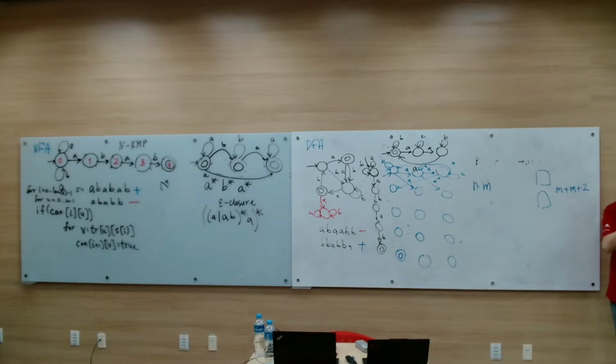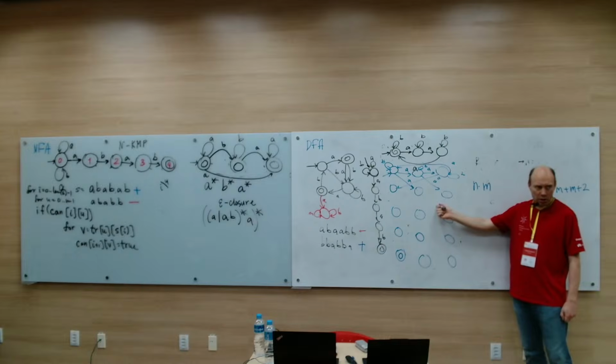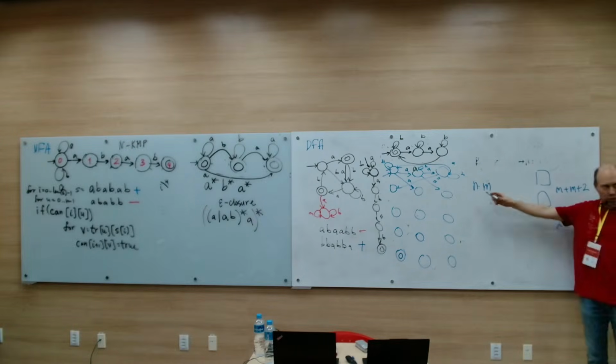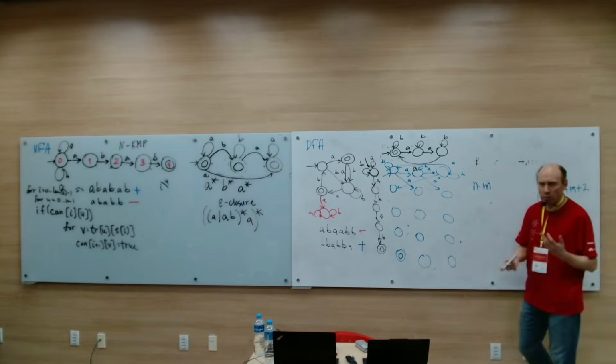But if they are deterministic and you want to keep them deterministic, then you go to non-deterministic, and after determinization you can actually get up to 2 to the power m plus n plus 2, which is a lot worse than n times m. So there's a kind of trade-off if you want to keep determinism.